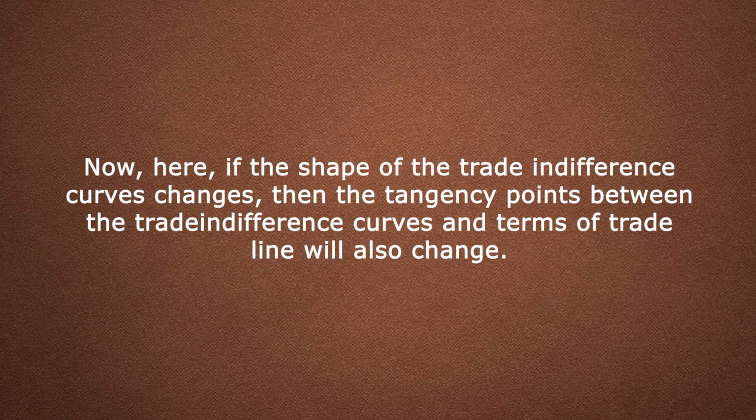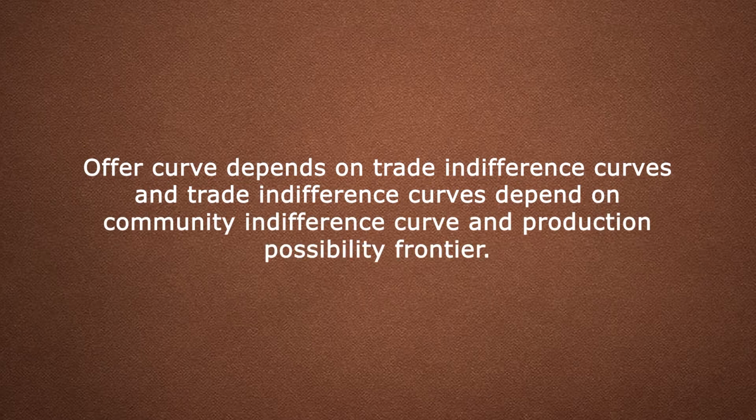Here, if the shape of the trade indifference curves changes, then the tangency points between the trade indifference curves and the terms of trade line will also change, and therefore the position of their locus will also change. So it is clear that the offer curve depends on trade indifference curves, and trade indifference curves depend on the community indifference curve and the production possibility frontier.